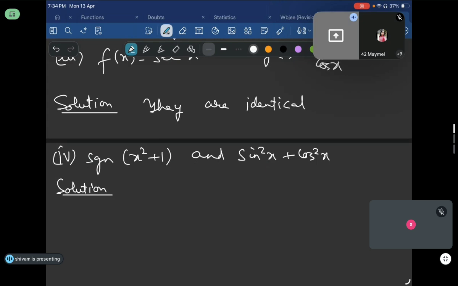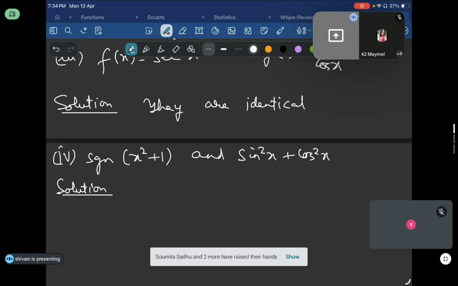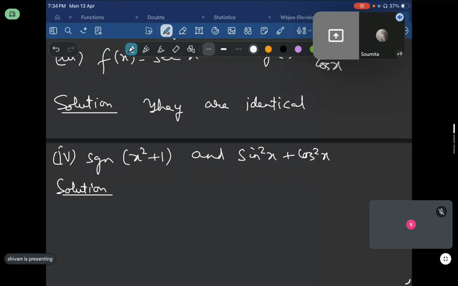Shomita, tell me. Yes, sir, they are identical because they have the same domain, range, everything is the same.